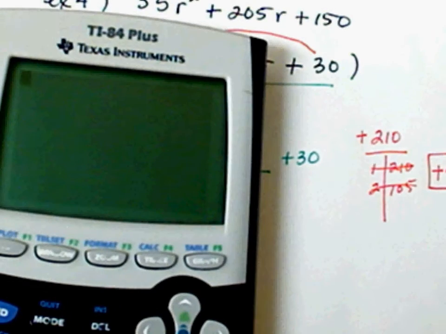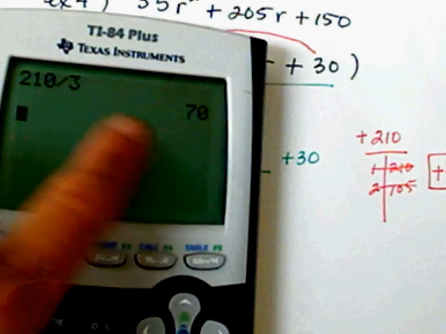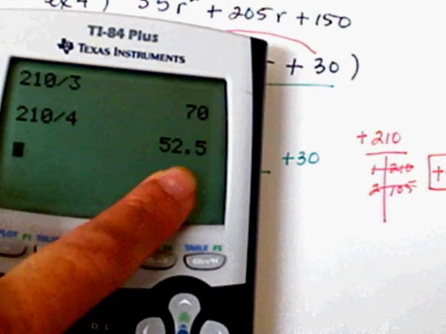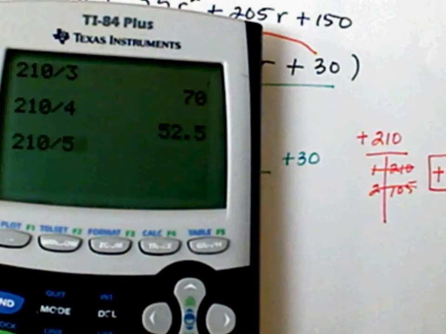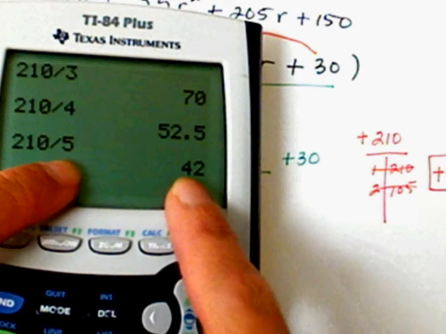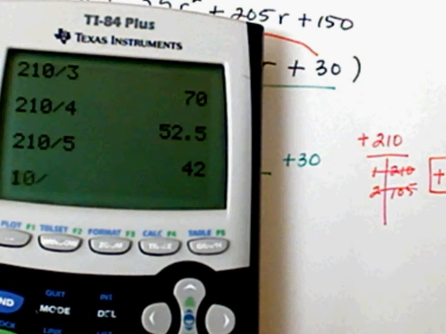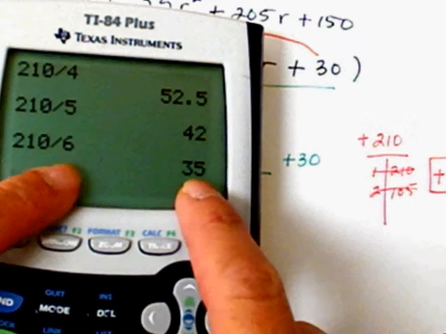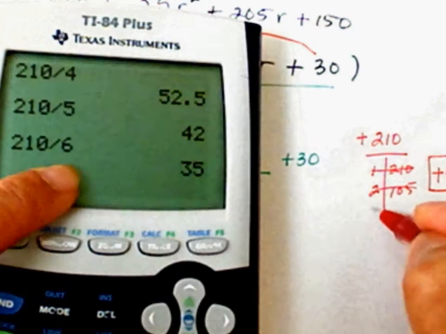So you go 210 divided by 3. Do they add up to be 41? No. 210 divided by 4. Not even a whole number. 210 divided by 5. Do they add up to be 41? No, they're 47. 210 divided by 6. Do they add up to be 41? Well, yeah, those are your 2 numbers, 6 and 35.